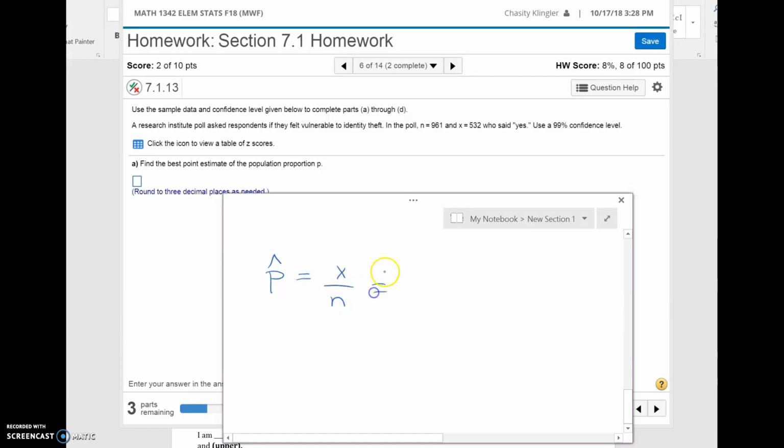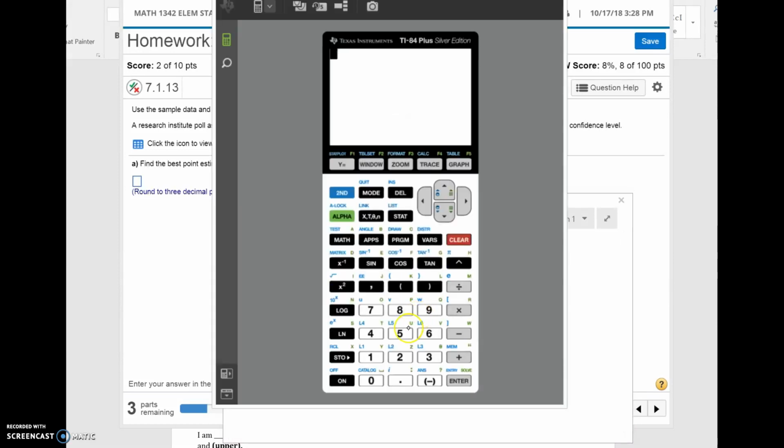So you're going to do 532 divided by 961, which is going to give us 0.554 when you round to 3 decimal places.